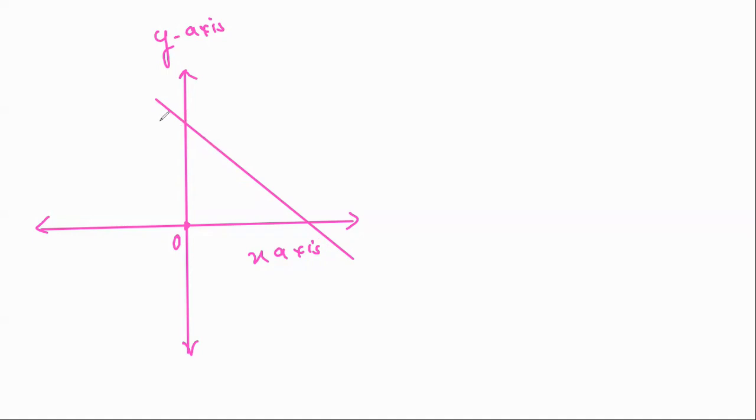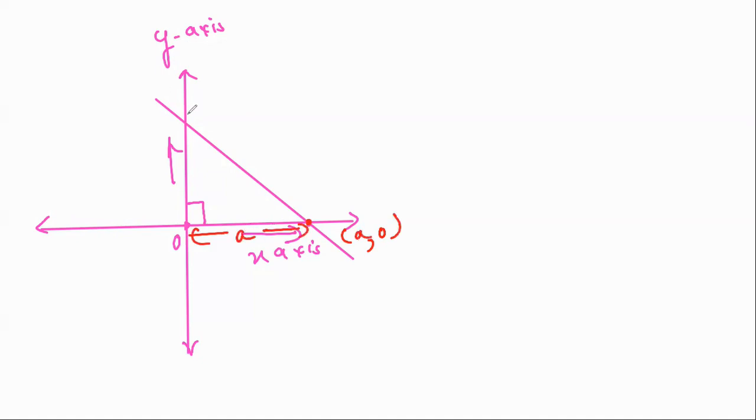The line which is passing through the first quadrant forms with the positive x-axis and positive y-axis. Now this line is cutting the x-axis at some point, and whenever there is a point on the x-axis, please remember that y is 0, and suppose this distance I have taken as a.